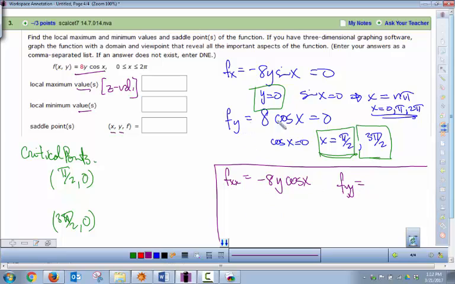We need fyy, the derivative of fy with respect to x. I'm sorry, with respect to y. There's no y's there, huh? 0. And fxy is the derivative of negative 8 sine x.